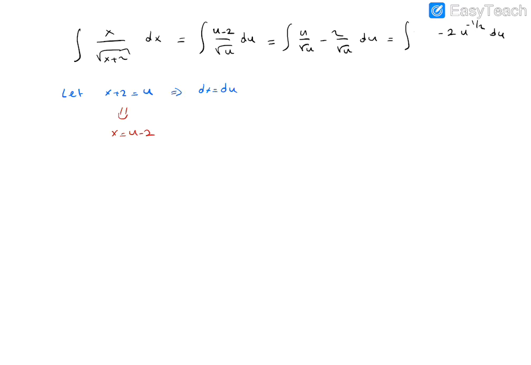As a result, u to the power 3 over 2 over 3 over 2, this is step 3, minus 2 times u to the power 1 over 2 over 1 over 2, plus constant term c. And according to step 4, let's turn back to our original variable. u is x plus 2, so 2 over 3 (x plus 2) to the power 3 over 2, minus 4 (x plus 2) to the power 1 over 2, plus c is the answer.